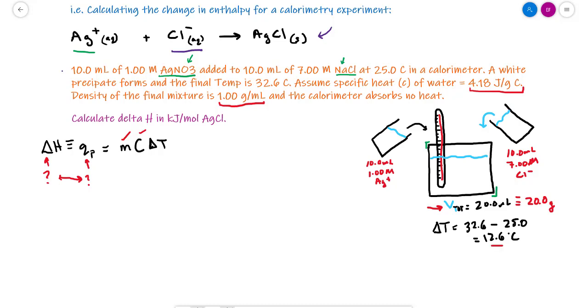Do we know the delta T? Yeah, we just figured it out. It's 12.6. So it's actually easier than we think to get to the heat, or the Q, of the system. So let's calculate Q first.